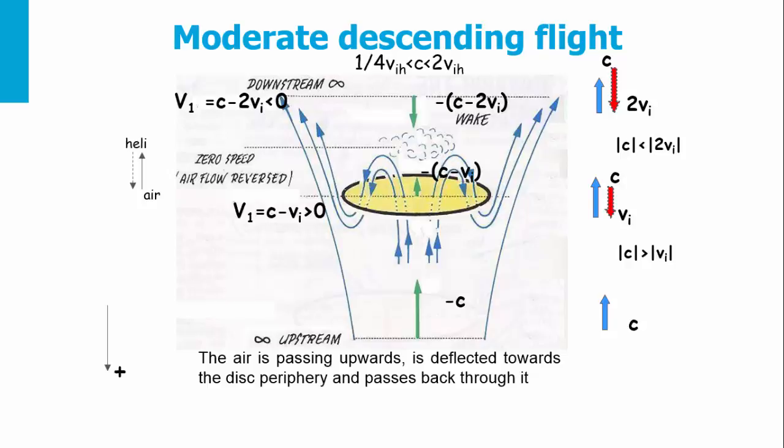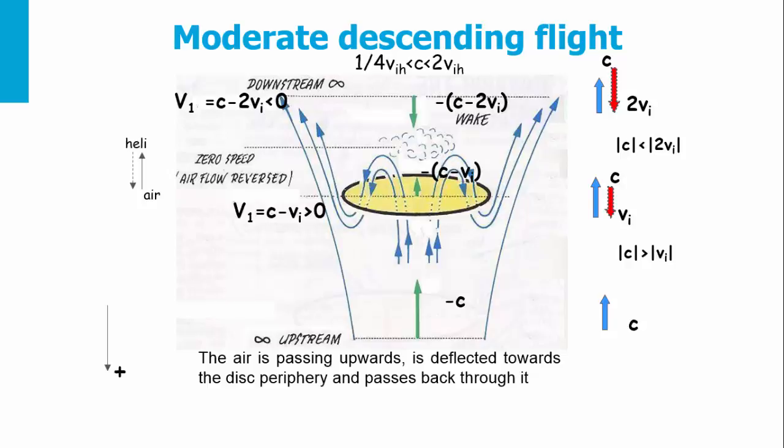Downstream, so up in the rotor, we have again the rate of descent c and twice the induced velocity, as we learned from the actuator disk theory. It follows that the total velocity will be c minus 2 vi and will be directed downwards.